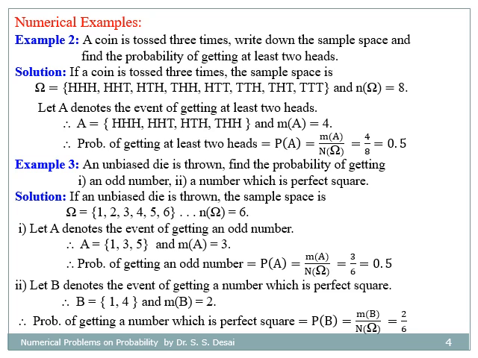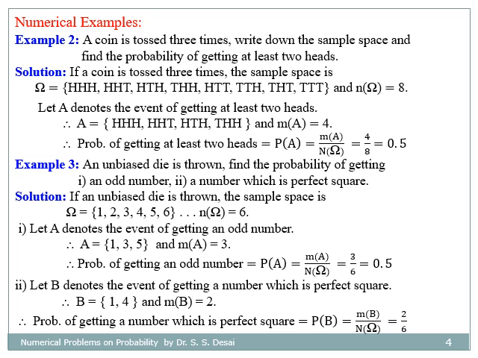Out of 8, there are 4 outcomes which have at least two heads, and hence the number of favorable cases equals 4. Therefore, the probability of getting at least two heads, P(A), equals the number of favorable cases divided by the number of possible cases, 4 divided by 8, that is 0.5.